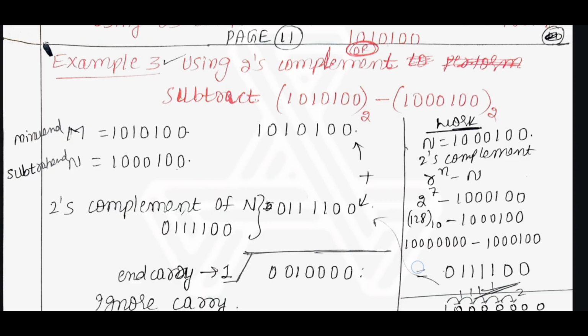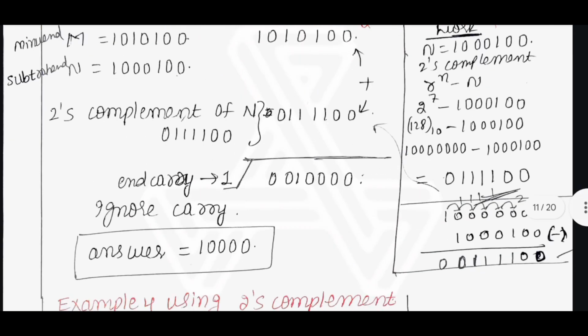But we have only 7 digits here and this has 8 digits, so the 1 is an end carry. Then 1 followed by four 0s is the answer.